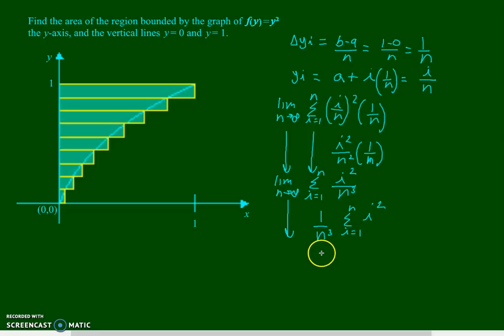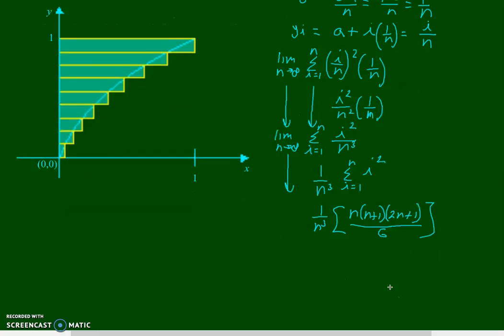To evaluate this sum, we have 1 over n to the third times n times (n plus 1) times (2n plus 1) all over 6. And working this out, we end up with (2n to the third plus 3n squared plus n) over 6 times 1 over n to the third.